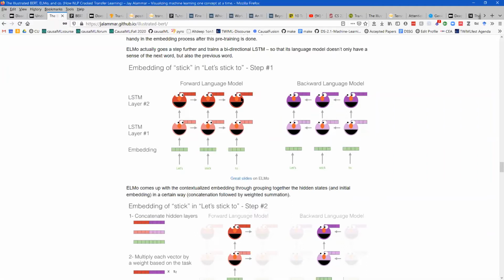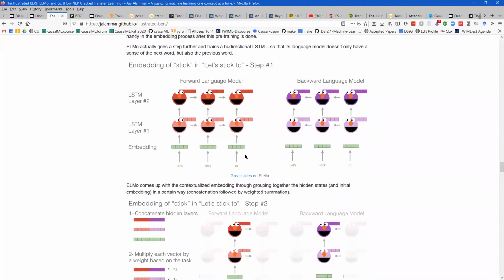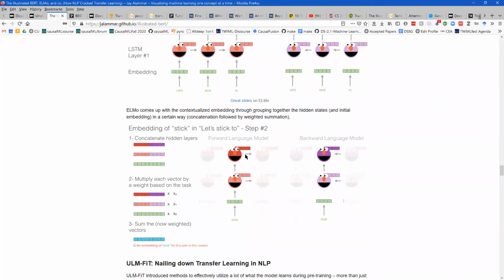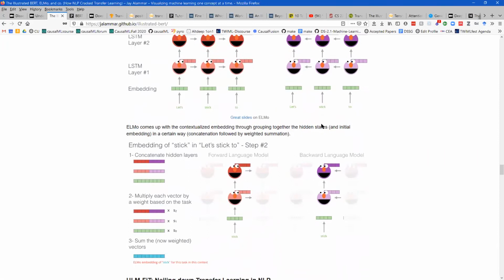The forward language model predicts, I'm not sure what it's trying to predict. Is it trying to predict an embedding? Yeah, it's trying to give an embedding. So you get an embedding coming from the forward language model. You get a different embedding coming from the backward language model.